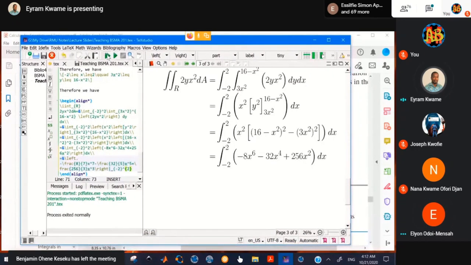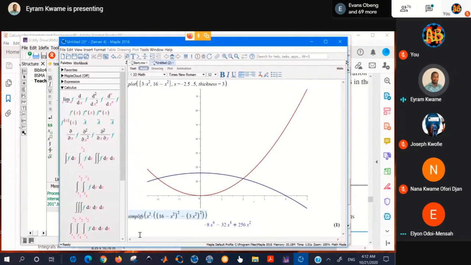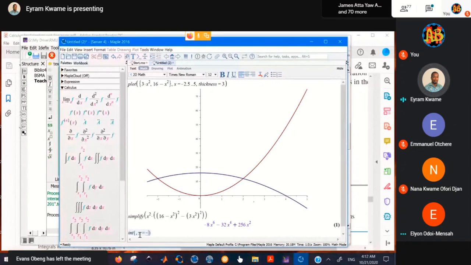Let me run this. I'll tell you what the answer is when I'm done using this. I'm integrating from x equal to -2 to 2, and I'm integrating this.